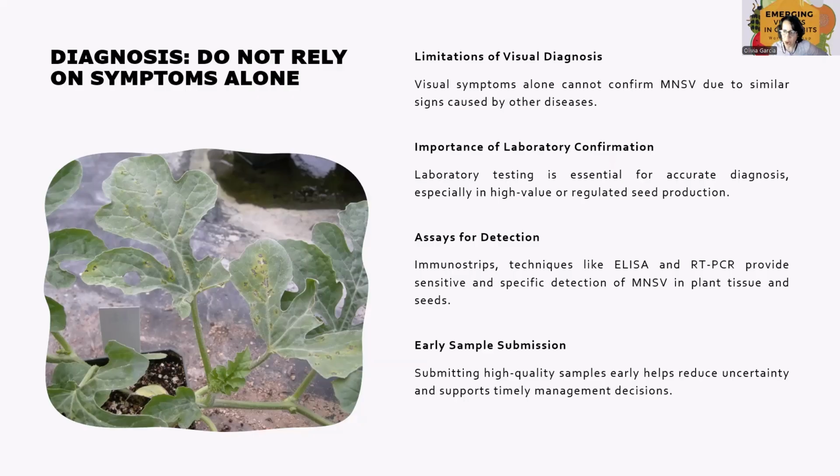Visual symptoms are not enough to confirm MNSV. As I mentioned, cucurbit viruses often overlap in appearance and mixed infections are common. For that reason, it's important to rely on assays for the confirmation of MNSV, and some of the assays that are available are immunostrips, and techniques such as ELISA or RT-PCR.